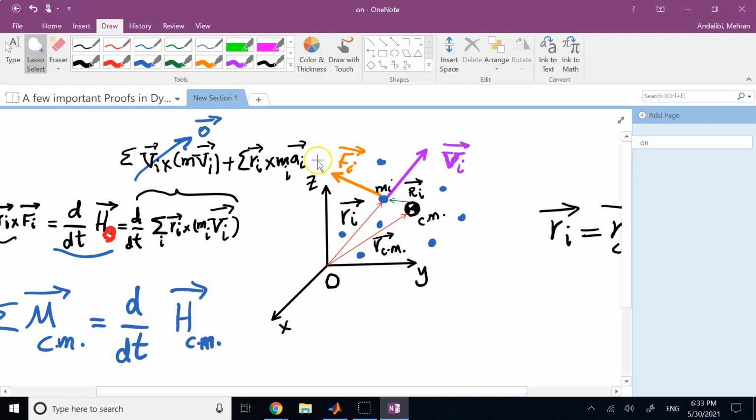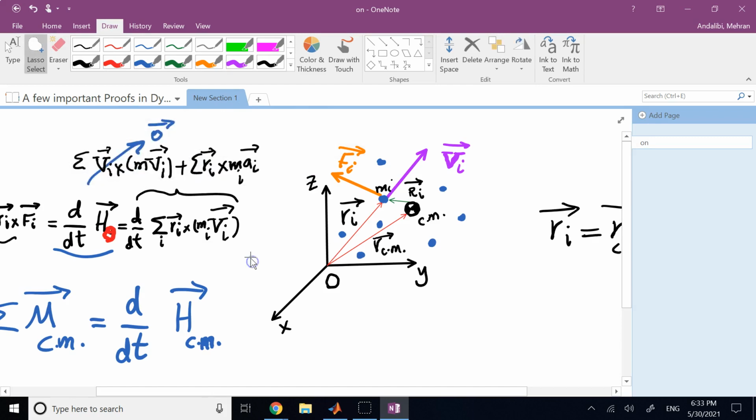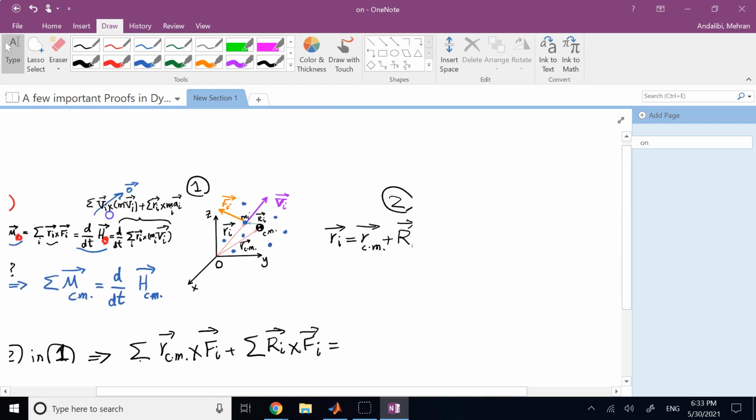So on the right hand side of this equation, I would replace this time derivative of summation Ri cross m Vi with the summation of Ri cross mi ai. I can do that if I want to. And remember, that was equation number 1.